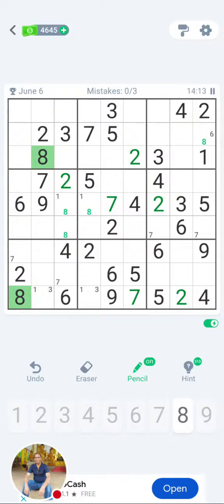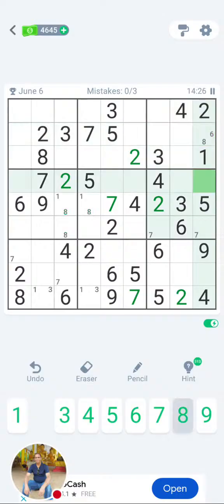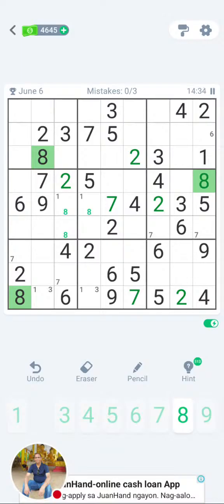So here, 3 is already there, 6 is already there, 7 also is already there, so I can put only 8 over here. Because there is already 3 and 6 in the same grid, and there is 7 in the same row. So there's already 3, 6, 7, so I can only put 8 there.